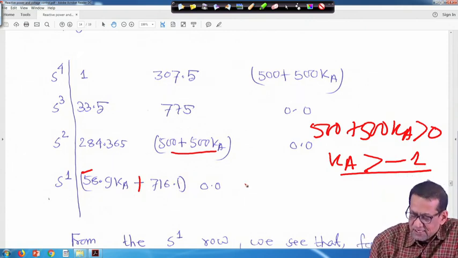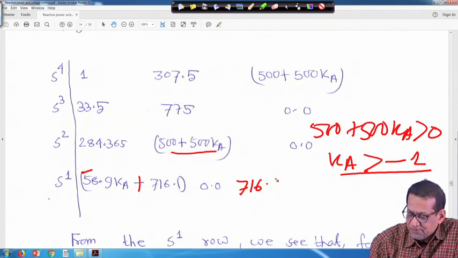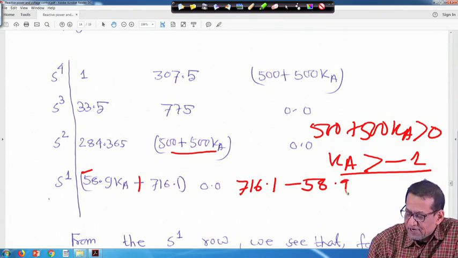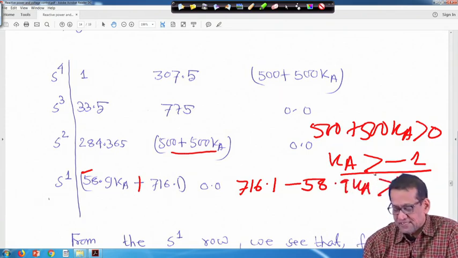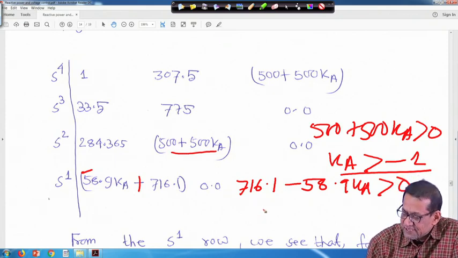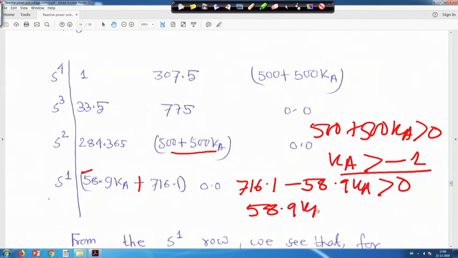Similarly, 716.1 minus 58.9 k has to be greater than 0. That means 58.9 k has to be less than 716.1.